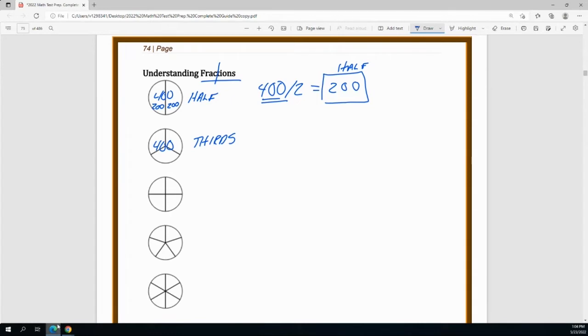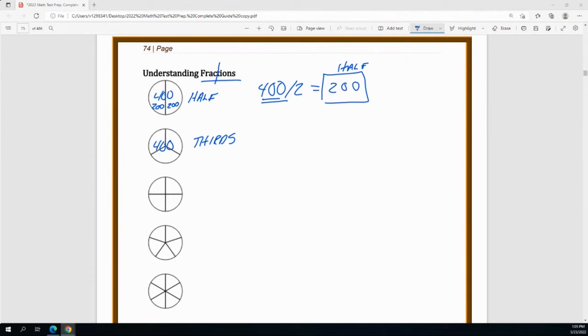If I took 400, let me just do this really quick so that we can see, because this number is going to break into a decimal, and I just want to make sure I do this right. So 400 divided by 3, it's 133.333. So $133 and 33 repeating.